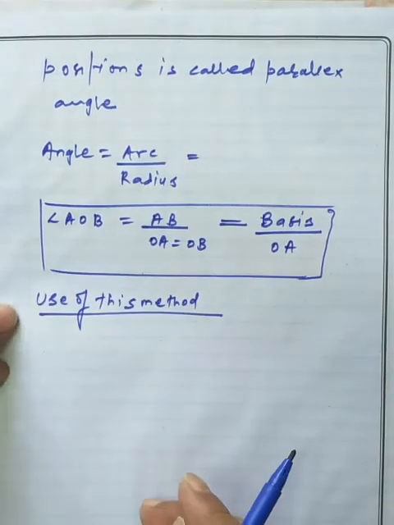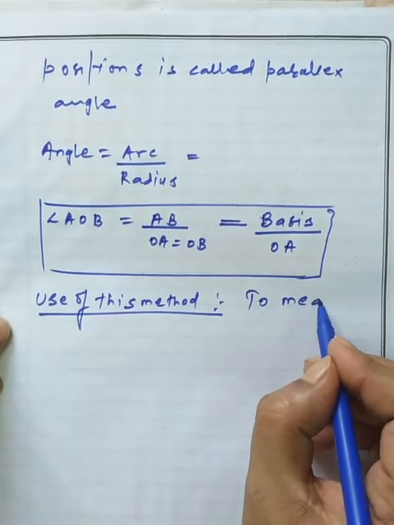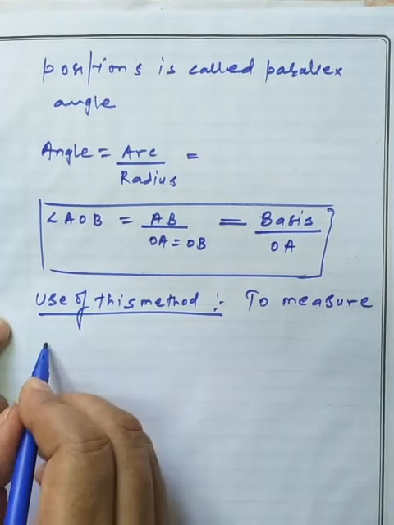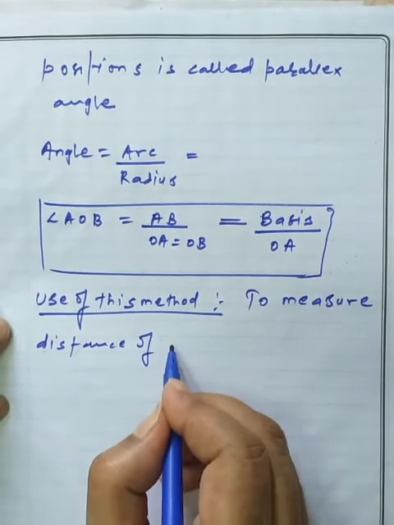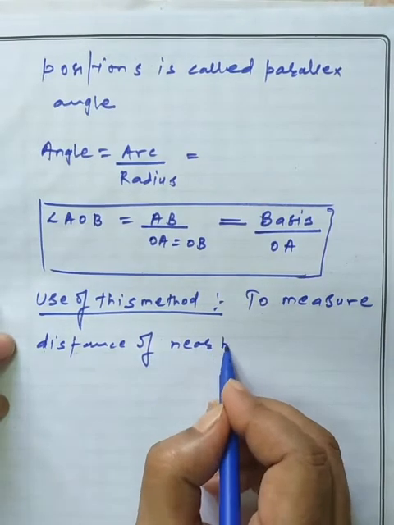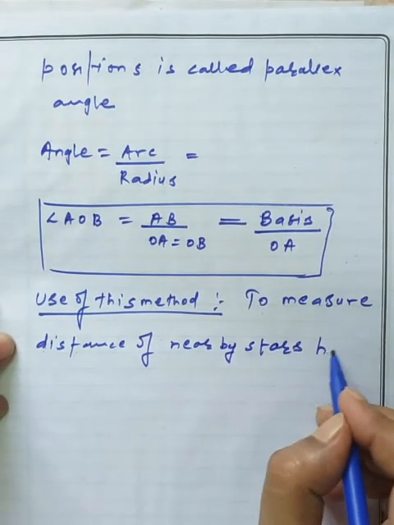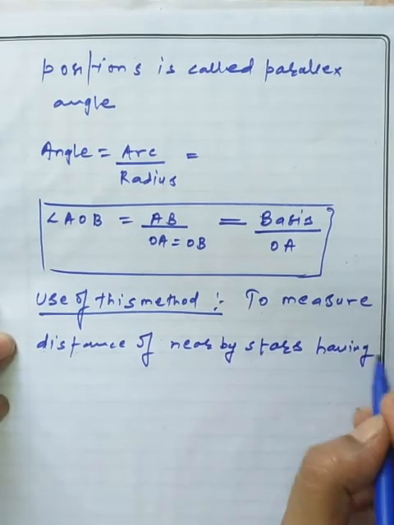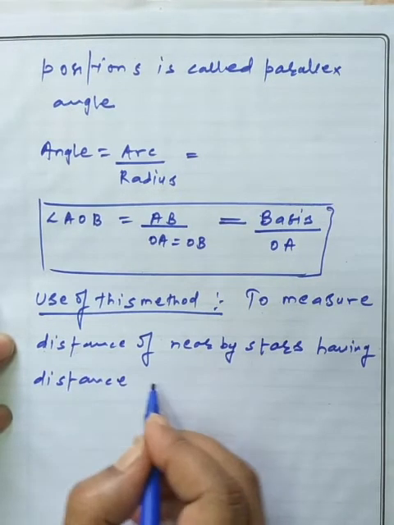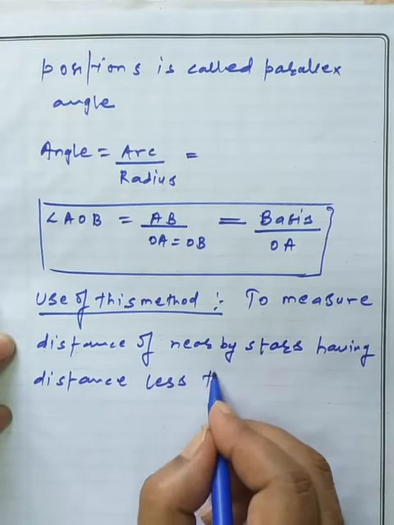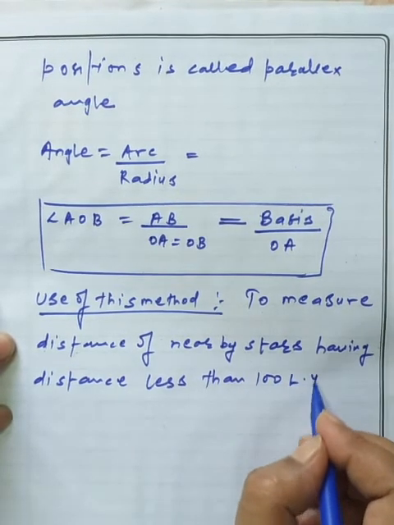Now what is the use of this method? To measure the distance of nearby stars having distance less than 100 light years.